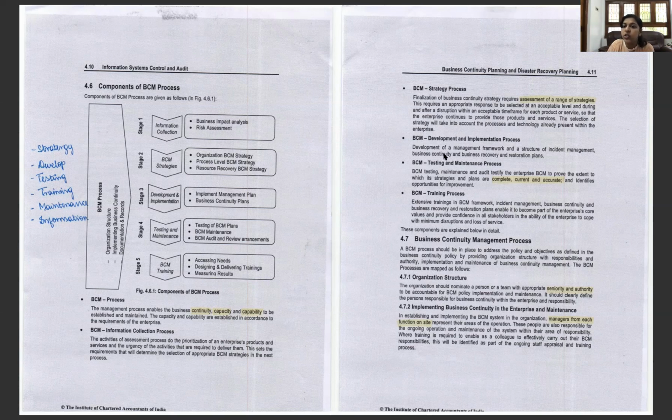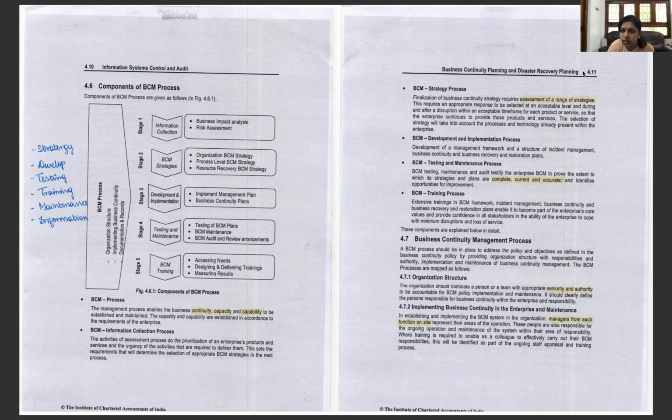Next one is a strategy process, BCM as a strategy process. The assessment of a range of strategies for an appropriate response to be selected at an appropriate level during and after a disruption. The selection of strategy will take into account the process technology already present within the enterprise.